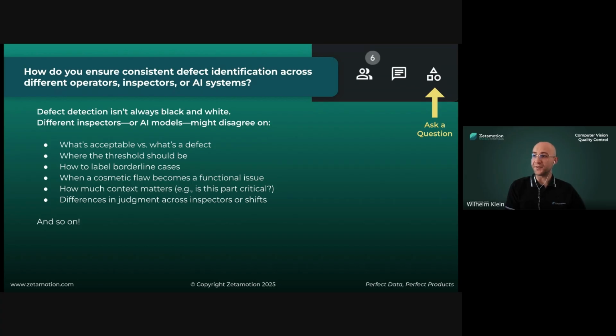We can also flag things that are anomalies which are not currently identified as a defect yet. But if we track the product throughout a production line or throughout a supply chain, we can predict and tell you that whenever we see this kind of anomaly, it has a certain probability of becoming a defect further down the line.